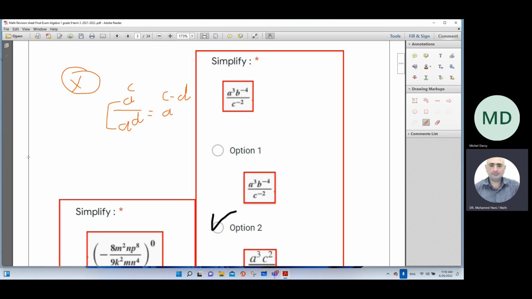And if you have a negative exponent, a to the power minus d, you can write 1 over a to the power d. And when you have a to the power b, to the power c, this is the power of the power, you can write a to the power b times c.